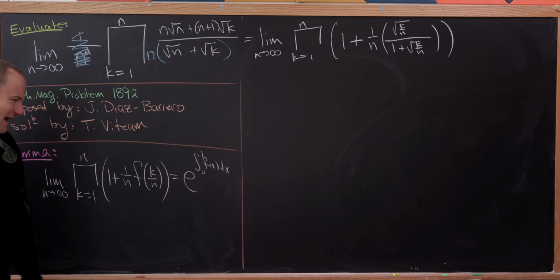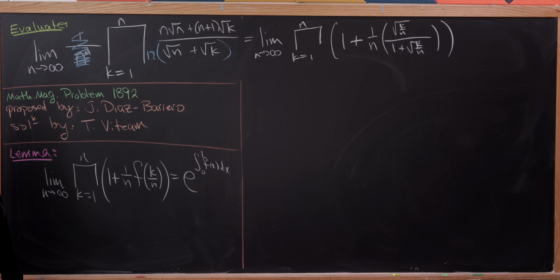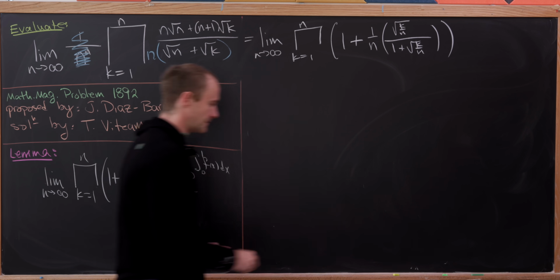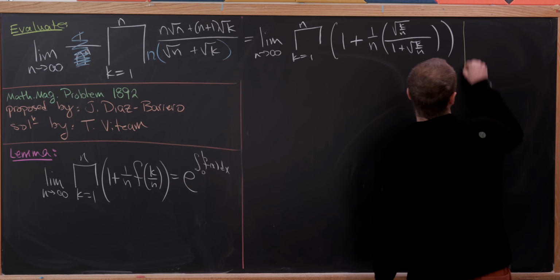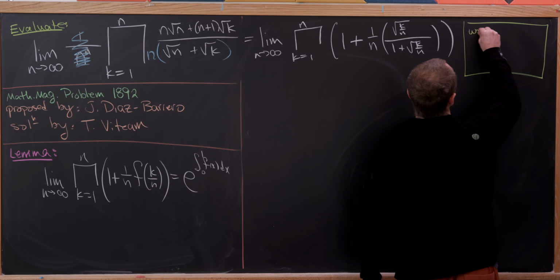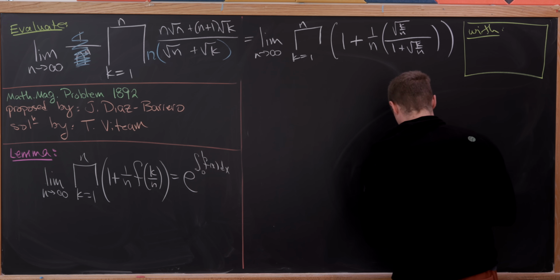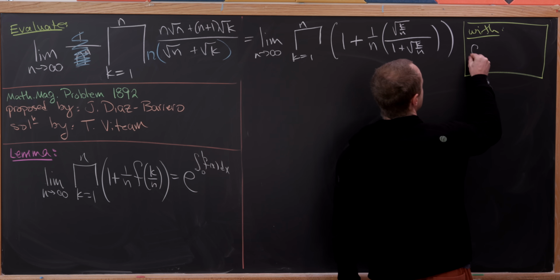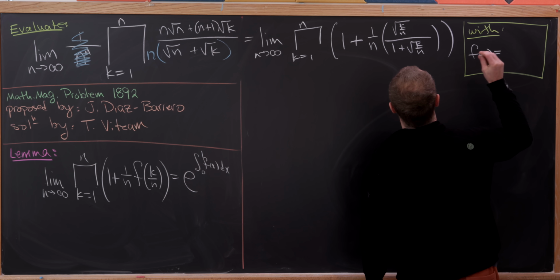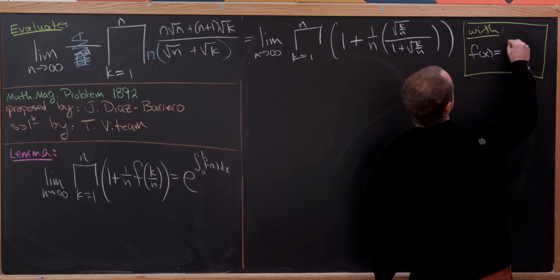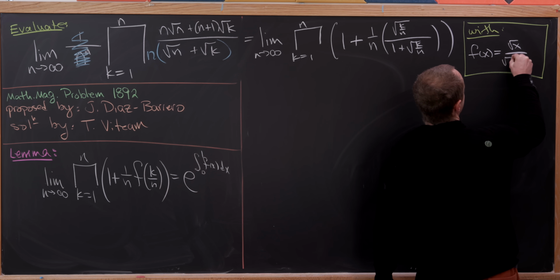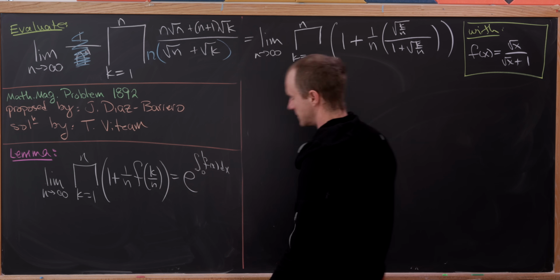Great, so that's after a couple of steps of manipulation, but notice it makes it in this form right here. But the real question is, what is our function f? Well, just by visual inspection, we see that our function f here will pretty clearly be the square root of x over the square root of x plus 1.